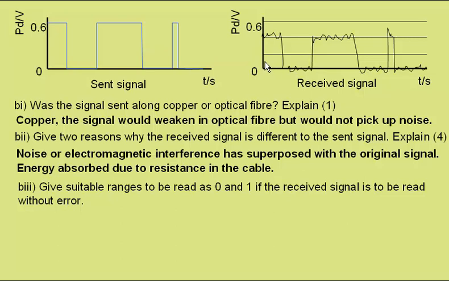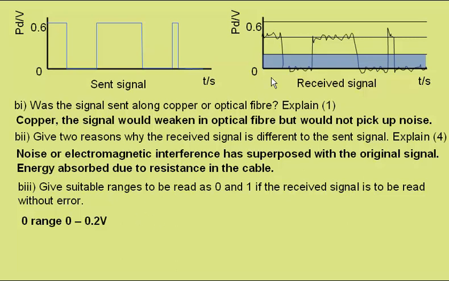So around about this sort of level, or even up to here, would do. For example, the area enclosed by the blue there, from 0 to 0.2 volts. So we could have the 0 range from 0 to 0.2 volts. A lower signal down to around about 0.05 volts would be acceptable.